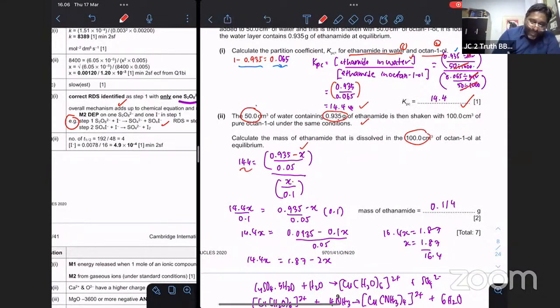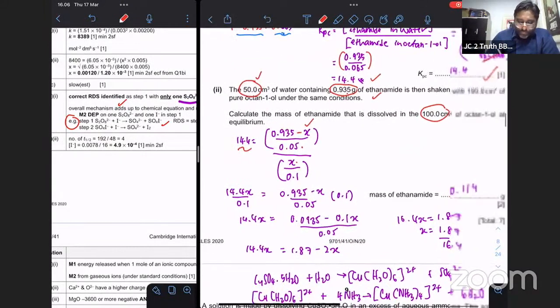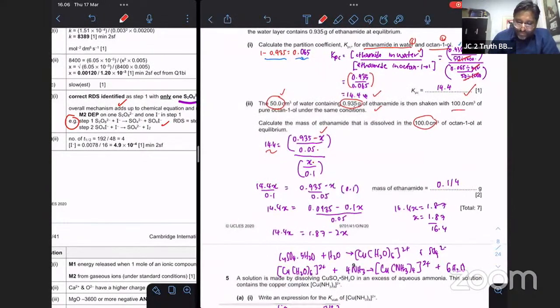So it's 50 cm cube, change it into dm cube, 50 divided by 1000, so it's going to be 0.05. And I am going to use the X, which is the mass of ethanamide in octan-1-ol, divided by 0.1. Why? Because they say it's 100 cm cube, so change it into dm cube, 0.1. Once you do that, you are going to have it equals 14.4.